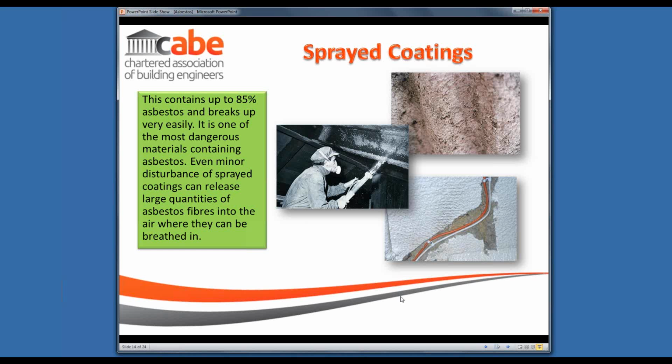So yes, small little areas such as just cutting in would not require any form of notification. It is a short duration work, and therefore as long as you're sensible, that shouldn't be a major problem. That said, if you were cutting in dozens and dozens of light fittings into an old ceiling, that would be a different situation.